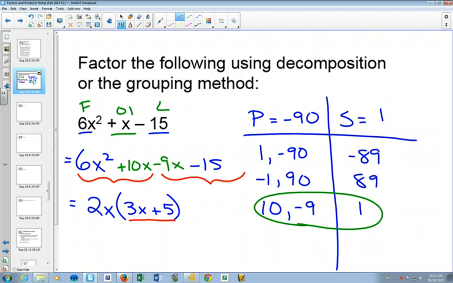And that was an example we did before. I said sometimes you want to pull out the negative and sometimes you would want to leave the negative inside. In this case, with the negative 9 and the negative 15, I'm going to want to pull out a negative 3. And when I pull out a negative 3 out of those two, I'm going to be left with positive 3x plus 5.